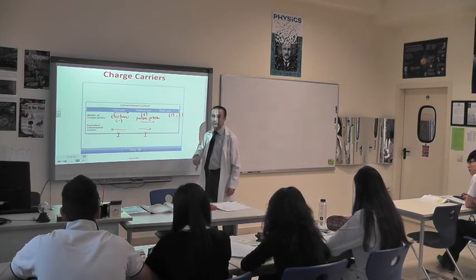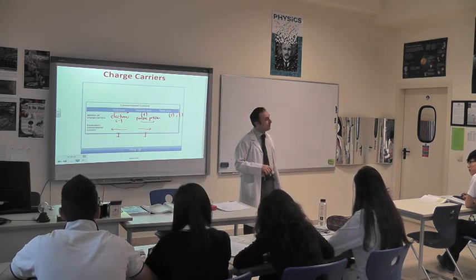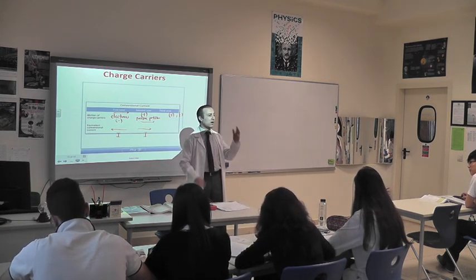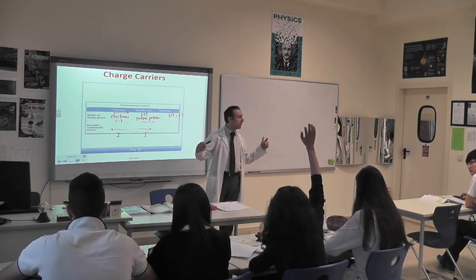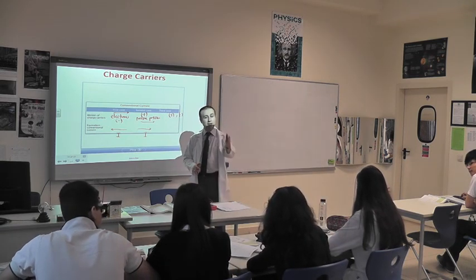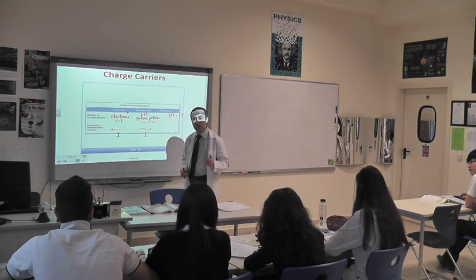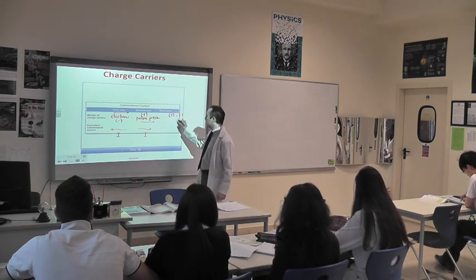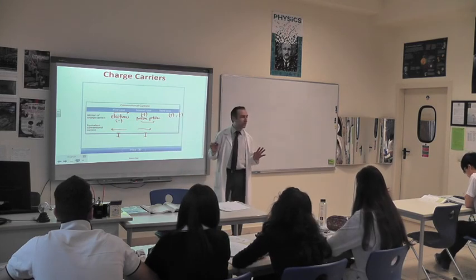How could this be possible? There could be cases where both positive and negative ions move. Electrolysis. Very good. If you do an electrolysis experiment in chemistry, you know that. So it can be either of them.